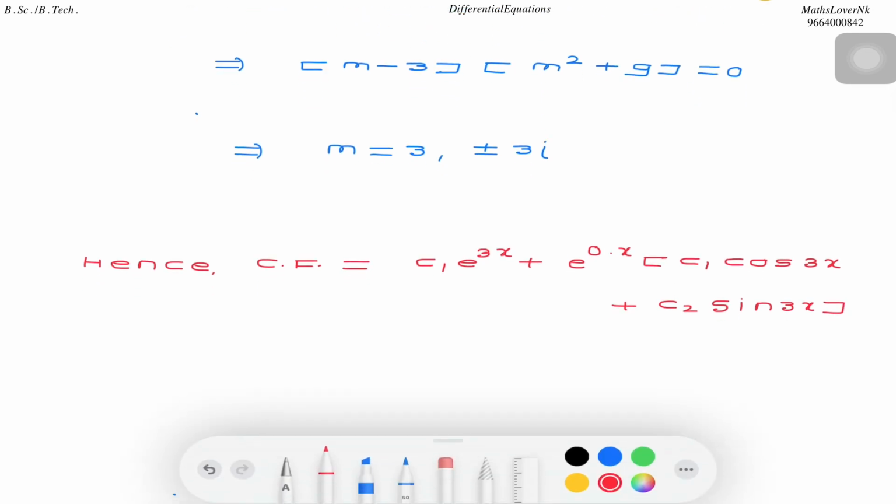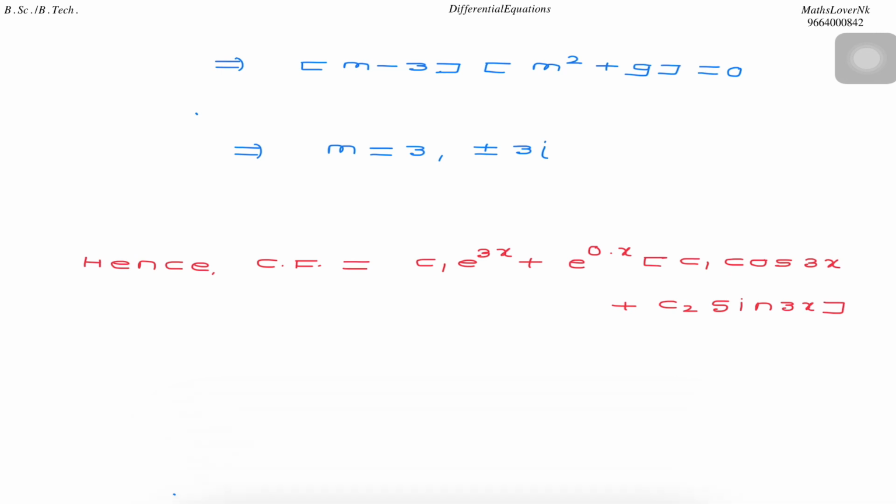Now CF is equal to C1 e to the power 3x plus C2 cos 3x plus C3 sin 3x.